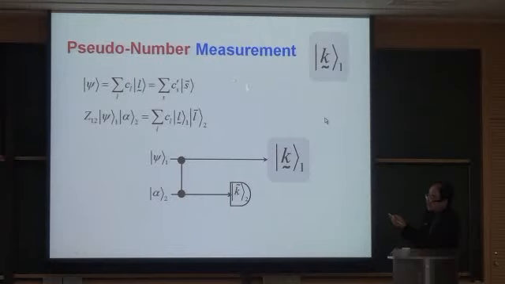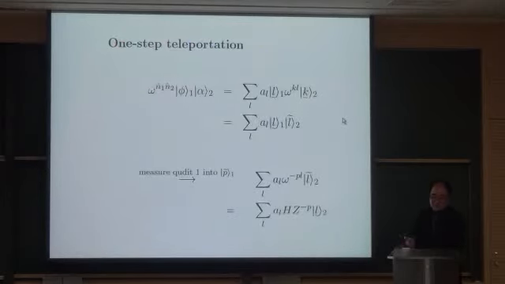Also I can do the conjugate basis measurement, that is for pseudo-number measurement, by operating control Z on the Qudit to be measured. If you do measurement here, that is equivalent to measuring this one in the pseudo-number state. Okay. Then this is a one-step teleportation.